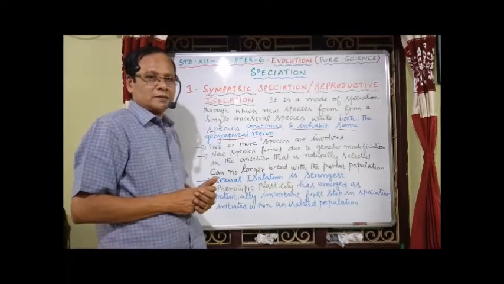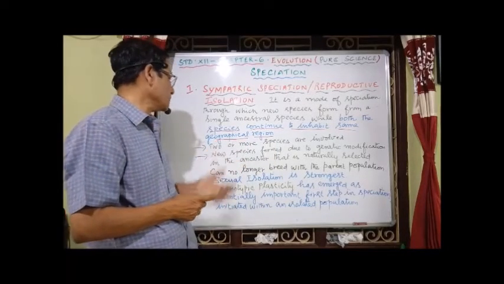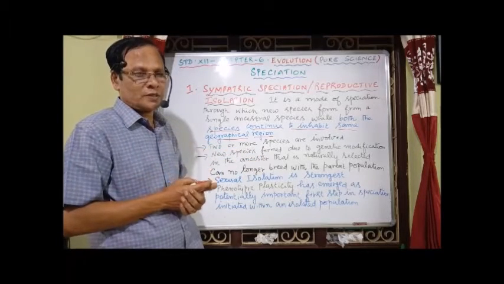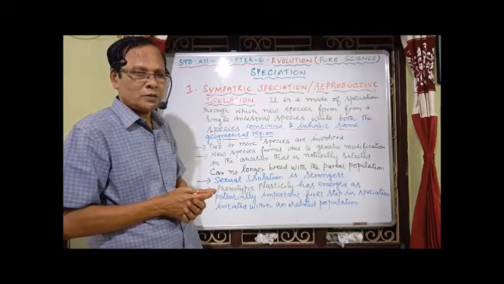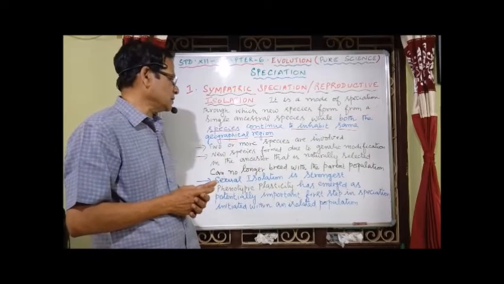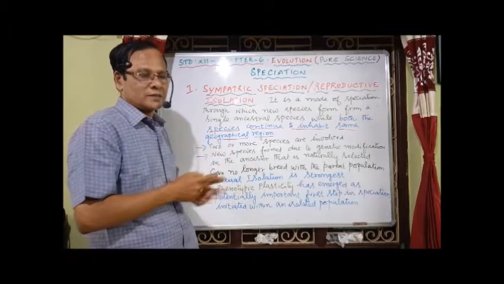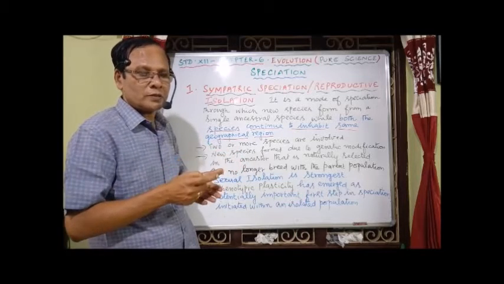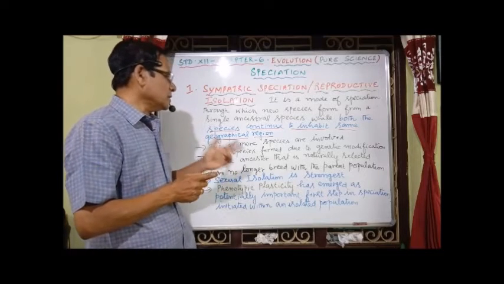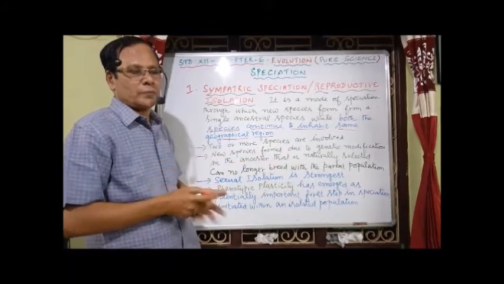Now, if you are analyzing the characters, two or more species are involved in sympatric speciation. The new species is formed due to genetic modification in the ancestral species, and that species is naturally selected by natural selection. Once formed, this new species can no longer interbreed with the parental population.